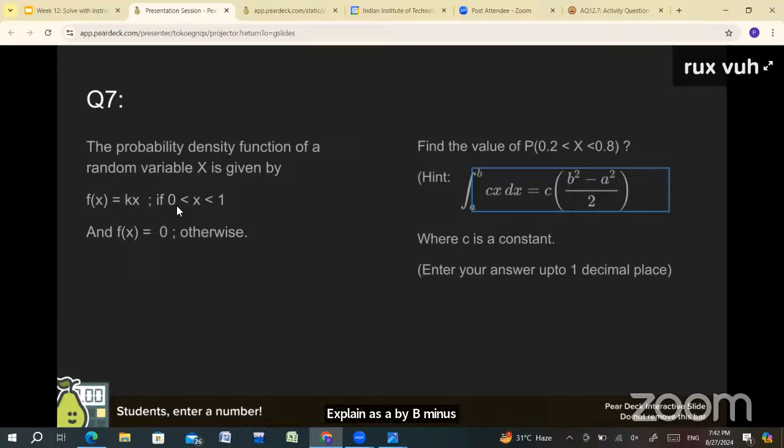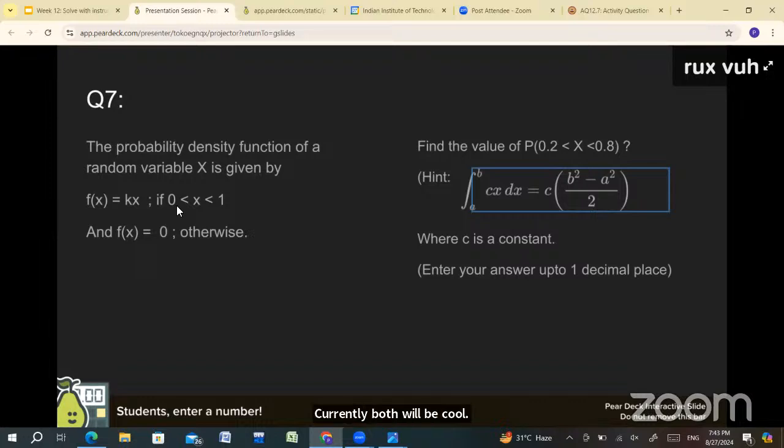I thought it should be coming greater than or equal to, otherwise we should use integration only. He's getting confused between 0 less than or equal to x less than or equal to 1 and 0 less than x less than 1. Yeah, both are equivalent.